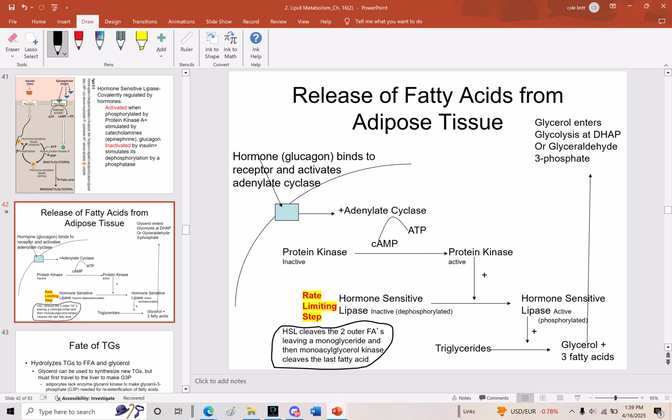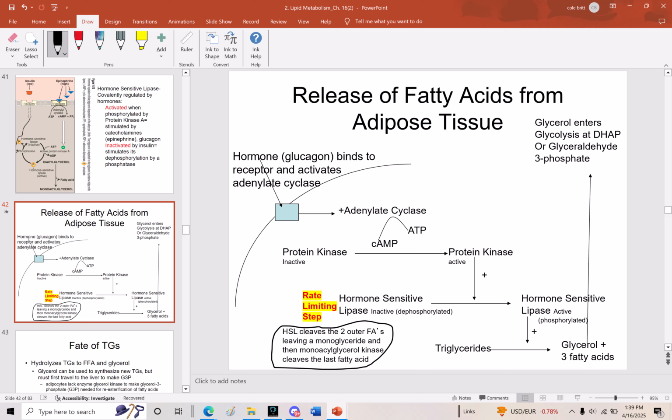Acyltransferases put fatty acids onto things. So lipases cleave them, take them off, and acyltransferases add them. It puts them onto things. And I'll say this 100 times, so please don't ever feel bad if you're asking a question. Repetition is so important for learning this language.